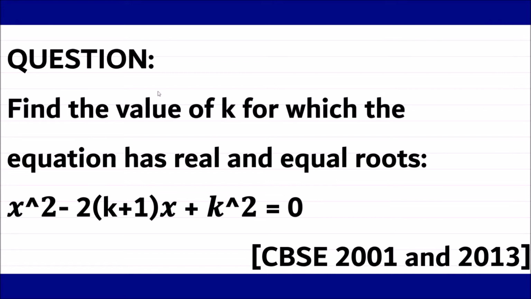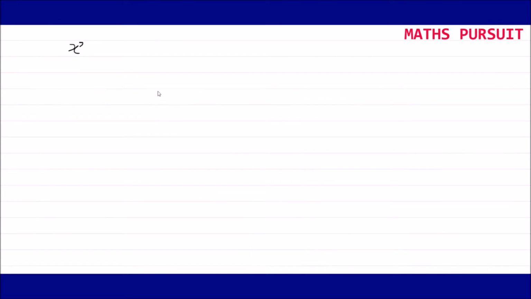Let me note down this question so that it will be very clear, and let's start solving this equation. So the given equation here is x to the power 2 minus 2(k plus 1)x plus k to the power 2 is equal to 0.